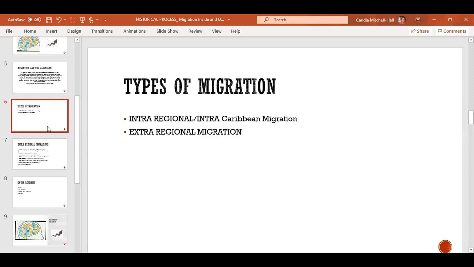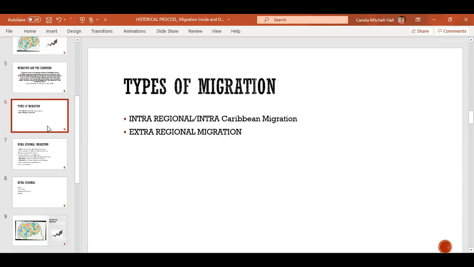Now, there are two types of migration that the syllabus asks us to look at. One is called intraregional migration or intra-Caribbean migration. Can anyone tell me what intraregional or intra-Caribbean means? What does that migration entail?